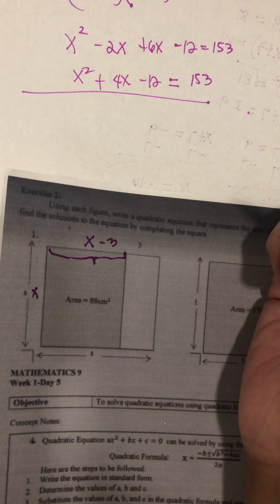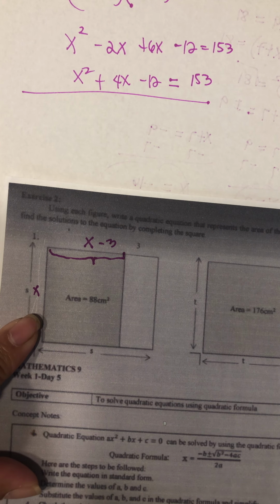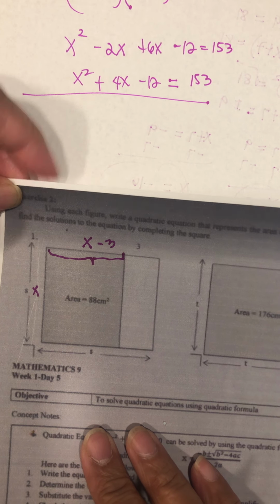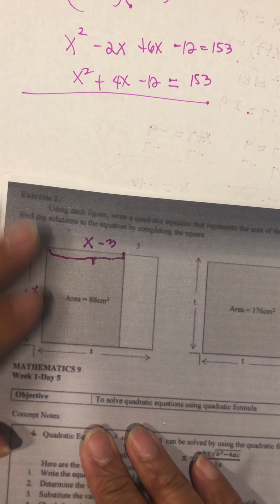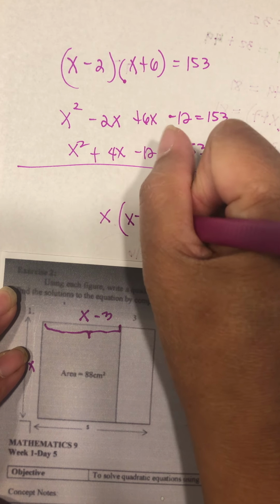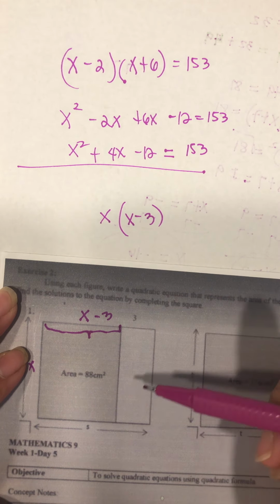All right, so what is the direction here? Write a quadratic equation. We're simply writing a quadratic equation. In that case, that is simply X times X minus 3, because to get the area of a rectangle, you just have to multiply both sides.